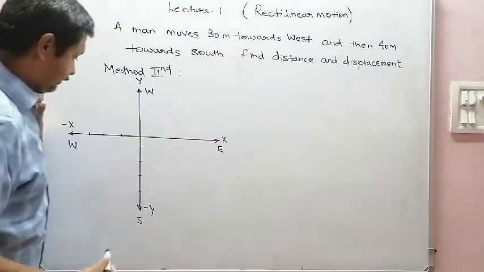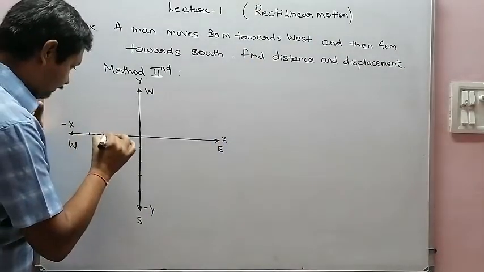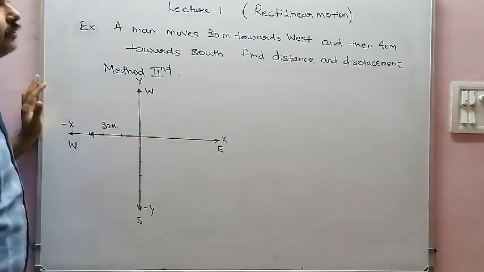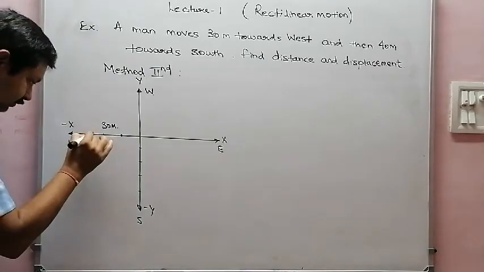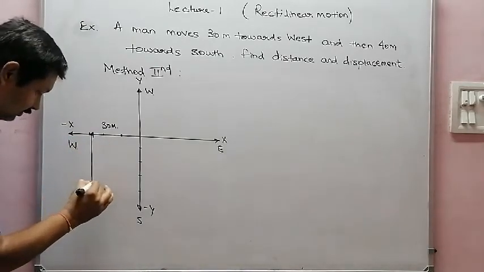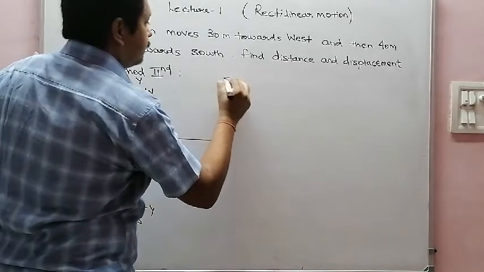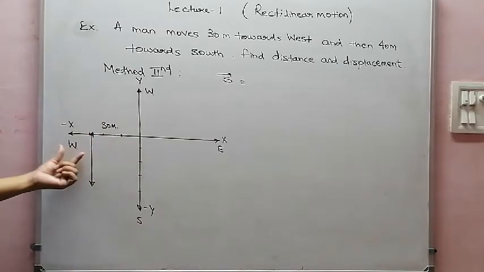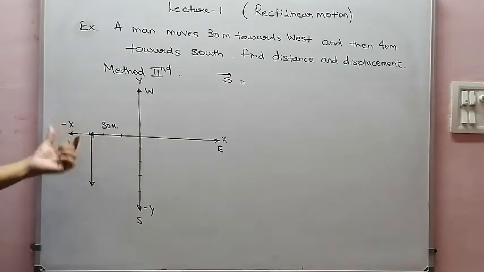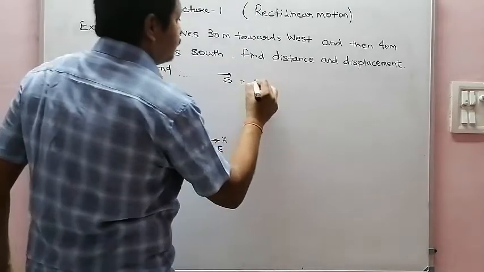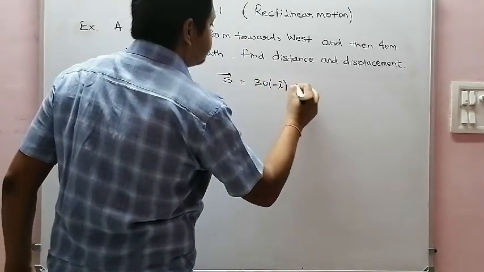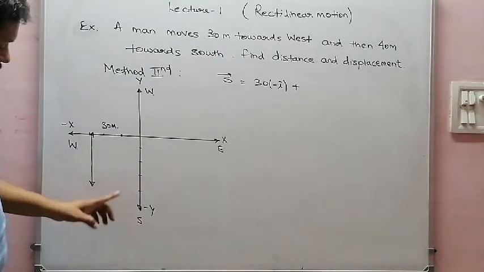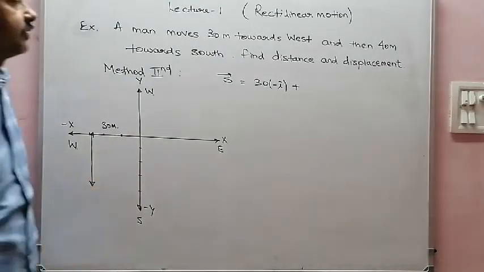Method second for this question: 30 meter towards west, and then 40 meter towards south. So displacement is 30 meter towards west, meaning 30 meter towards negative x-axis, that is 30 minus I cap, plus 40 meter towards south, meaning 40 meter towards negative y-axis.